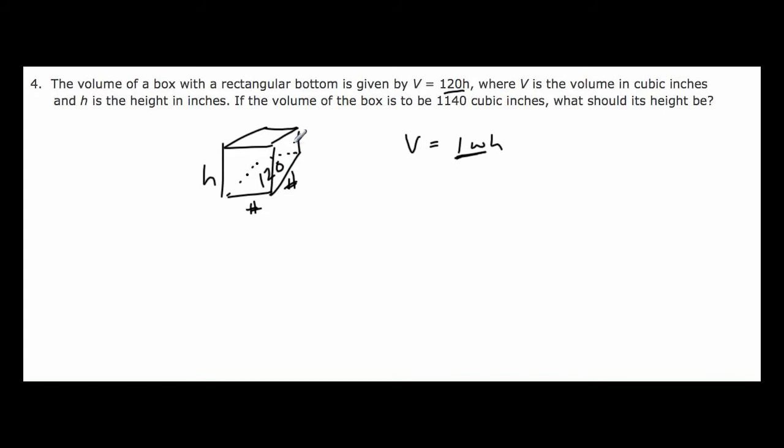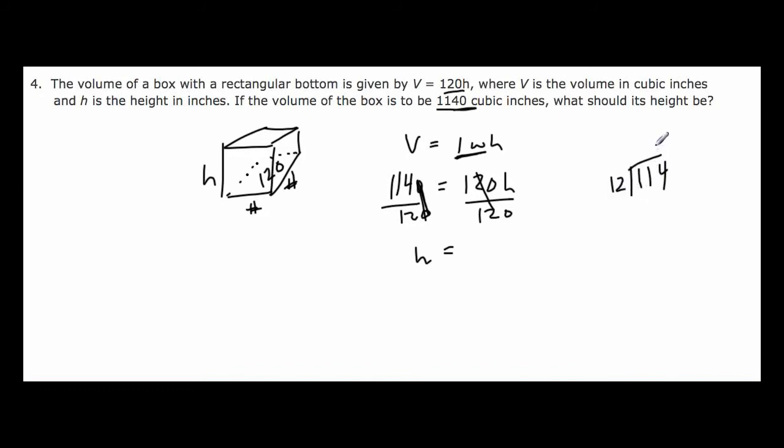Now we just have to substitute. We know the volume of the box is 1,140, so that goes where the V is. We don't know the height, but we know the rest of it is 120h. That's a simple one-step problem. If I divide by 120 on both sides, the height of my box will be 114 divided by 12, so cancel out those zeros.